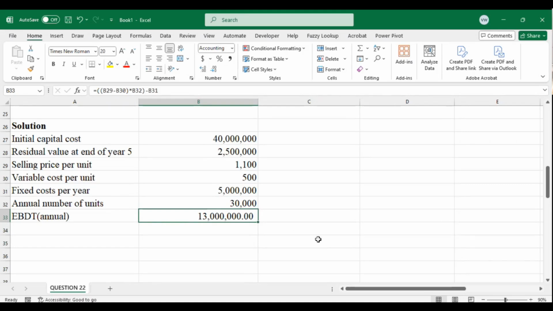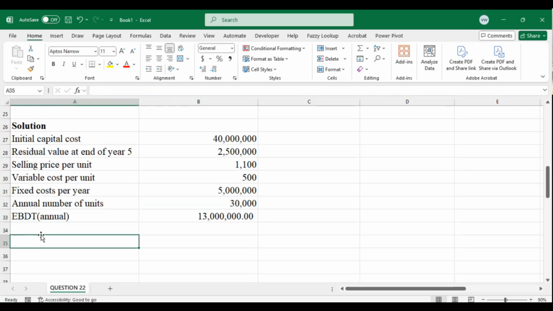But for the sake of understanding, I want us to try and introduce taxes and DTS. Let's assume, and it is always proper that you state that assumption so that you lock the examiner to your line of thought.